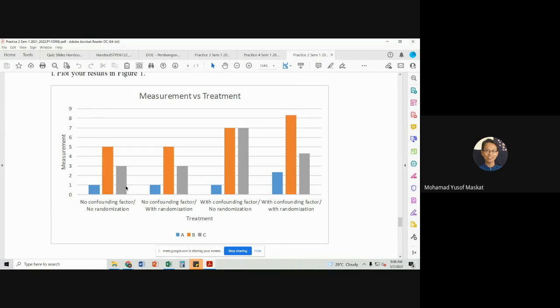So if there are no confounding factors, then we don't have to do randomization.